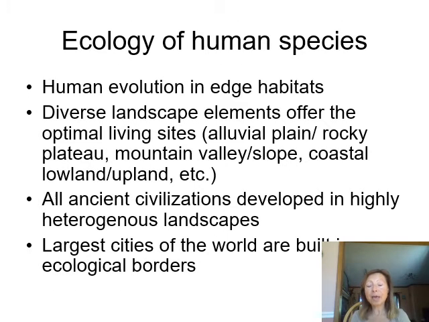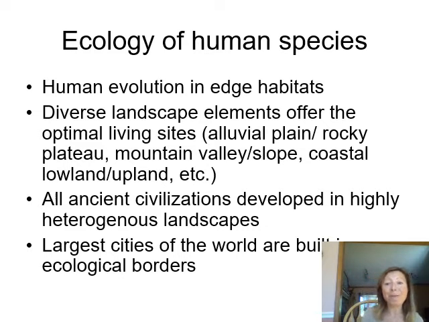So in landscape ecology, we primarily focus on the way the landscape structure is affecting wildlife and plants, but it is also very relevant for the ecology of the human species, for human ecology. And if you think about humans in the landscape, we have also evolved primarily as an edge species.